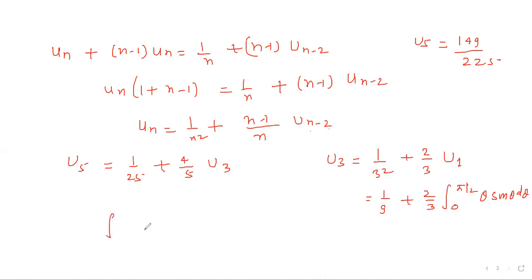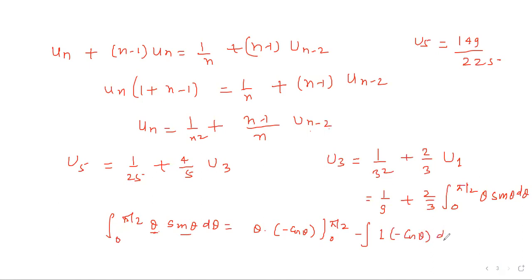So let's integrate it first. 0 to pi by 2 theta sine theta d theta. So here we take theta as the differentiable function. So theta into minus cos theta, limits 0 to pi by 2, minus differentiation of theta is 1 and minus cos theta d theta 0 to pi by 2.